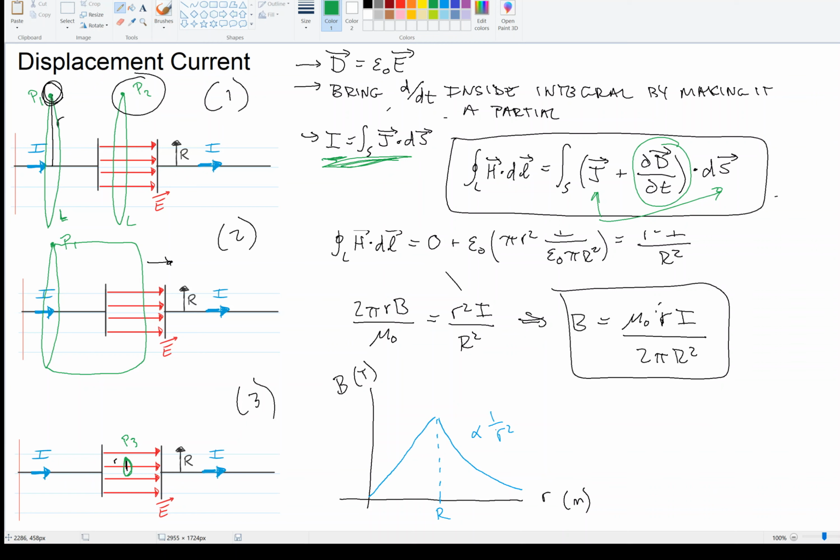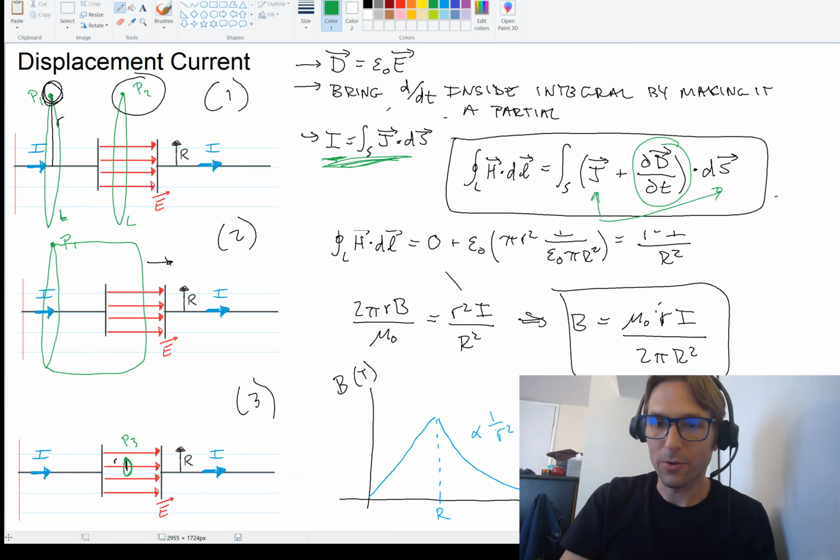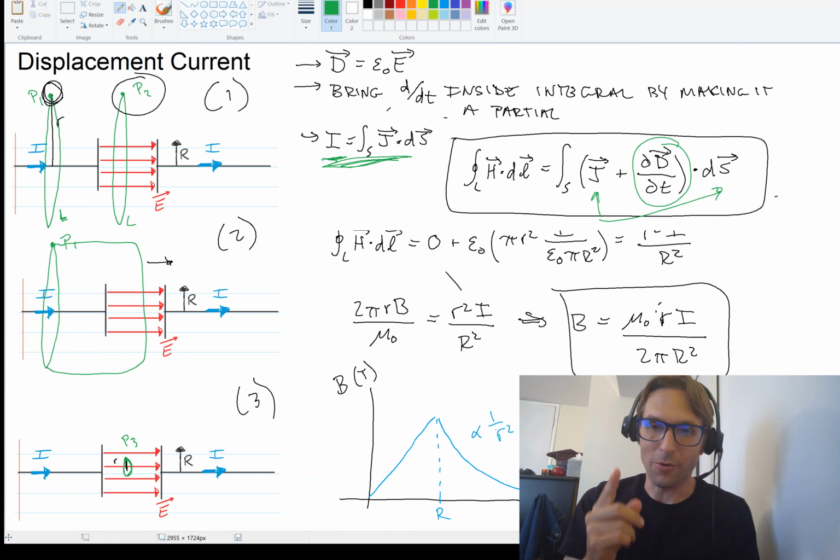So now Maxwell has shown, or at least hypothesized, that a change in electric flux creates a magnetic field, and then a change in magnetic field creates an electric field.